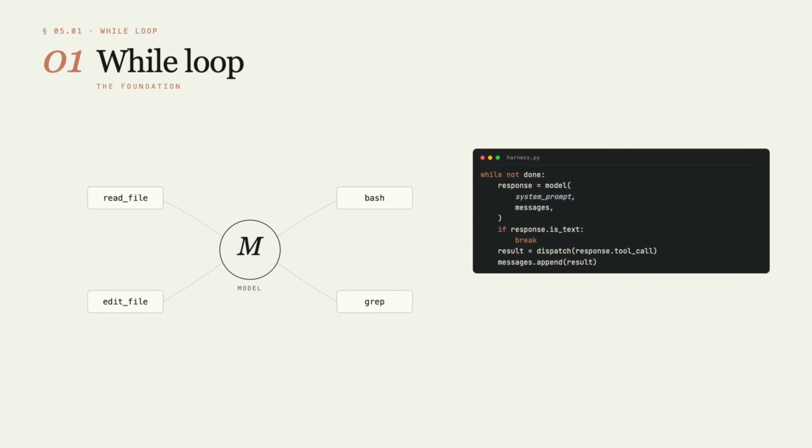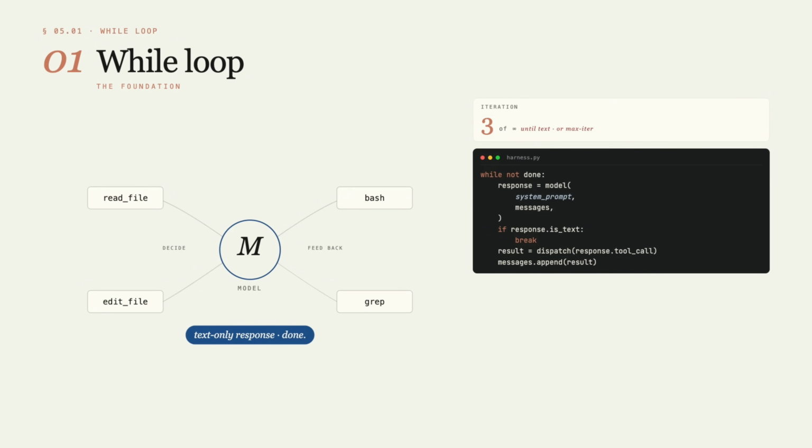This is basically the foundation. It's the outer iteration loop. The harness is at its core a while loop. The model reads its system prompt, decides which tool to call, runs the tool, feeds the result back into the context, and loops again.